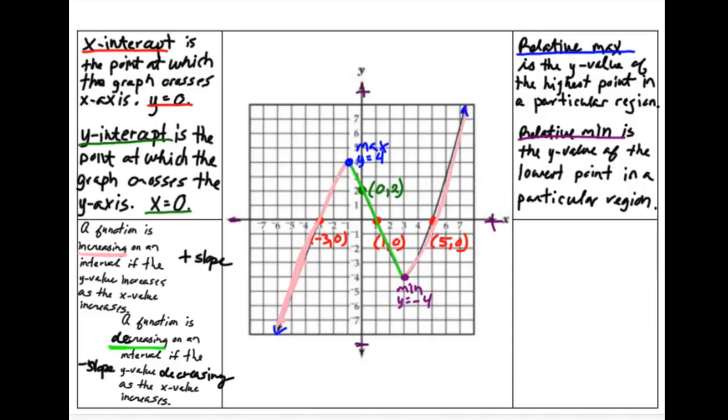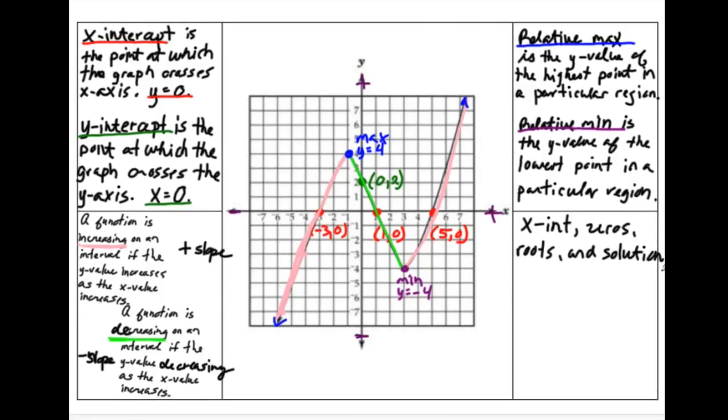The very last section of your foldable is the x-intercepts, the zeros, the roots, and solutions. And again, this is all the same thing. An x-intercept, a zero, a root, and a solution, those are all the same exact thing.